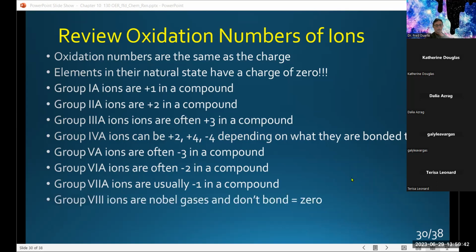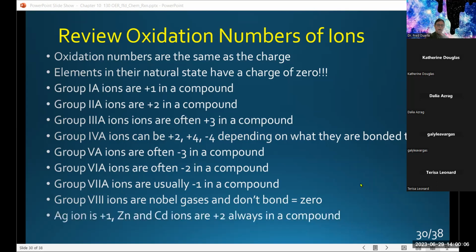And of course, we know that group 8, the noble gases, and helium, which is a duet, nothing's going to happen. Oxidation number is 0. Their valence shell is full with 8, except helium which has 2, and it's very difficult and energy inefficient to pull off an electron. It takes a lot of energy to yank one off.